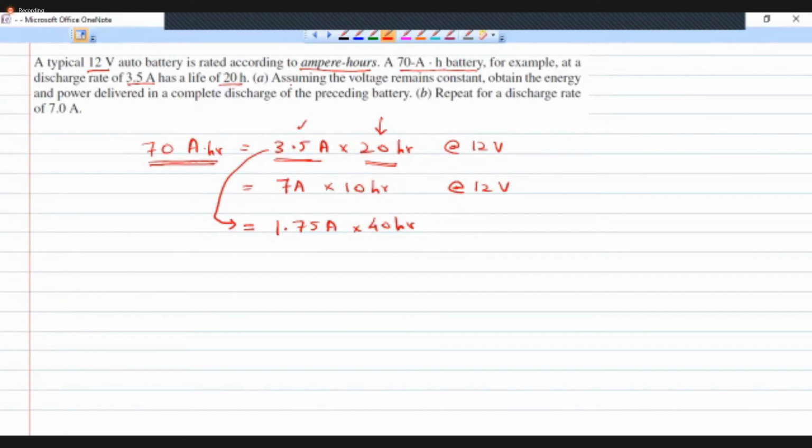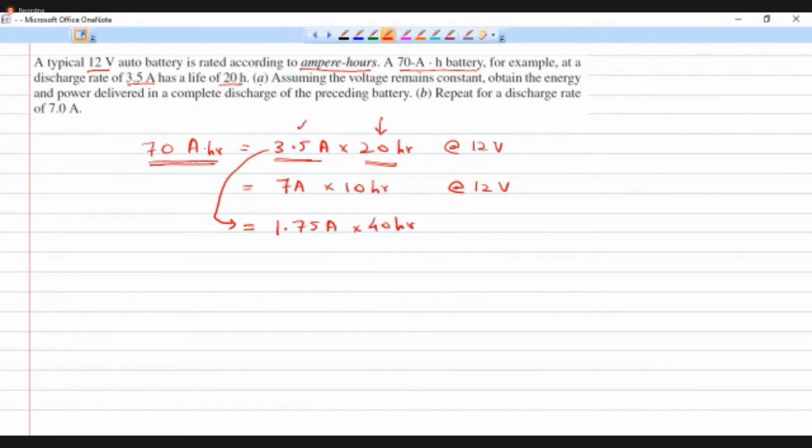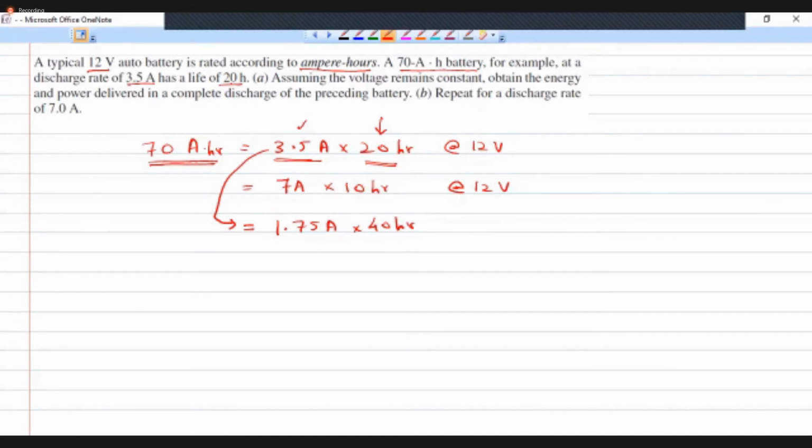So energy is power into time. First we can find the power, because we have the time in seconds. The battery is delivering 3.5 amps current at 12 volt terminal voltage.